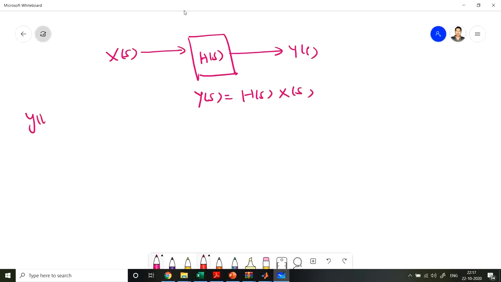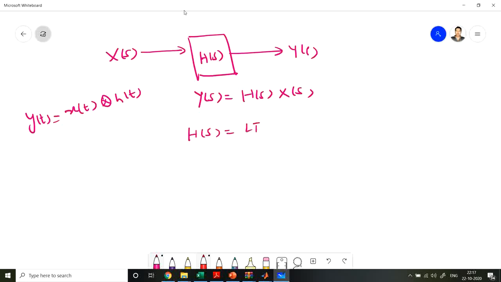Basically, if we see in the time domain, what is y(t)? y(t) is nothing but x(t) convolved with h(t). If we take the Laplace transform on both sides, then convolution in the time domain equals multiplication in the S domain. So Y(s) equals H(s) into X(s).